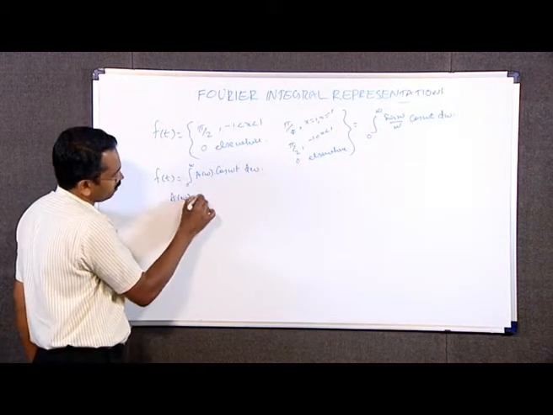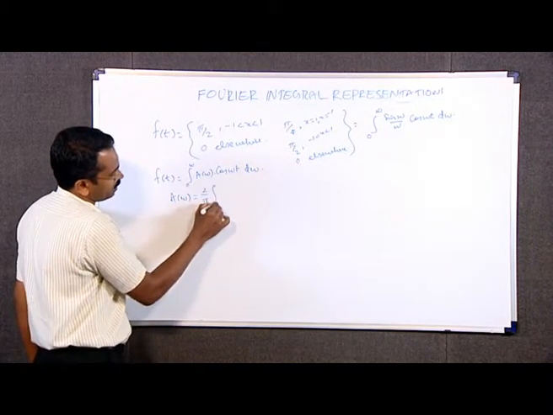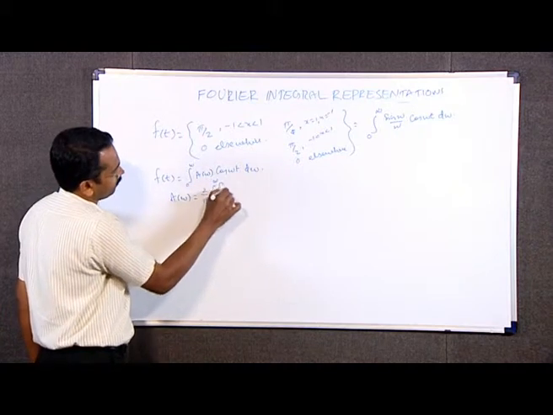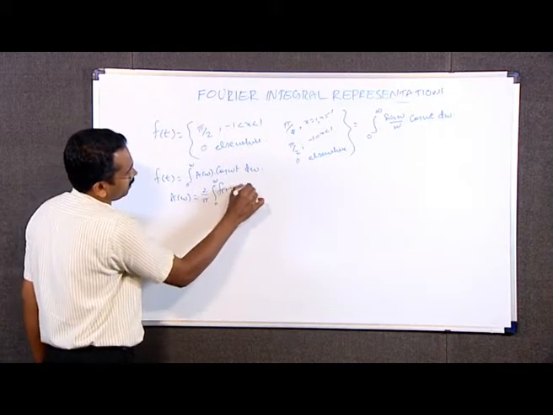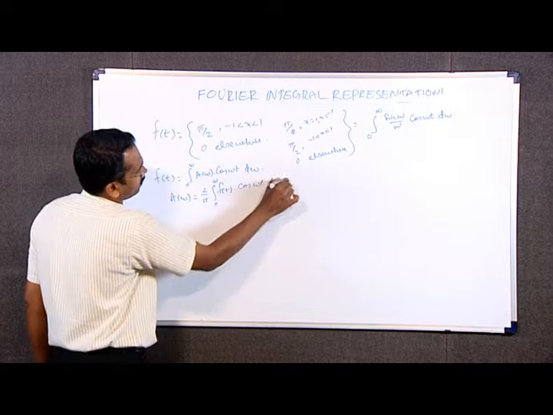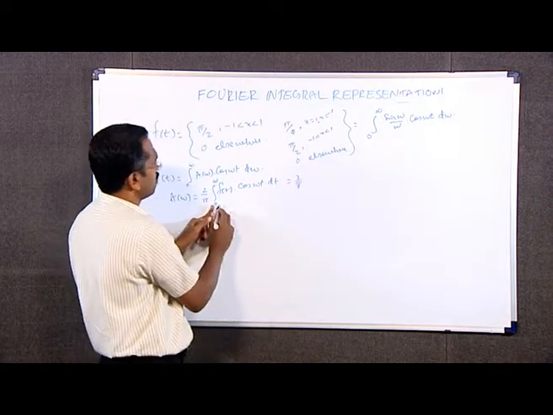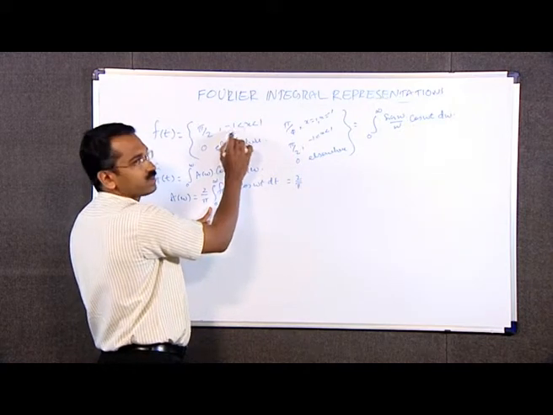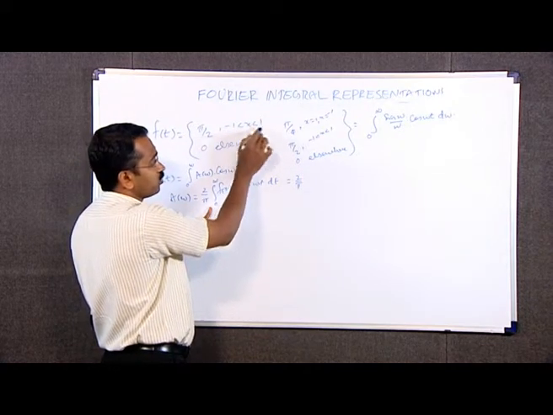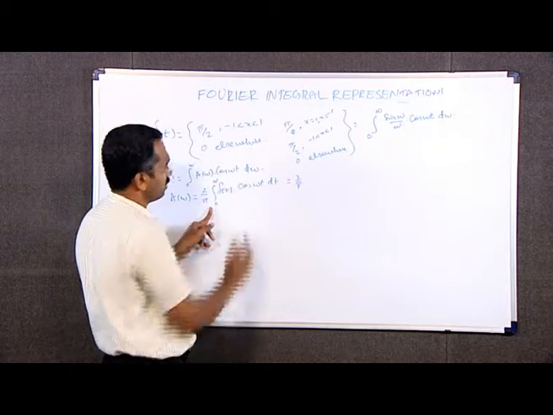where a omega is given by 2 by pi integral from 0 to infinity f of t into cos omega t dt. Here this is equal to 2 by pi, and the function is defined as pi by 2 from minus 1 to 1, and 0 otherwise.